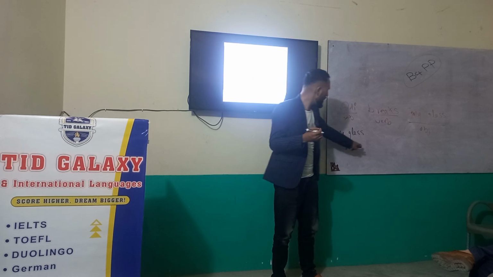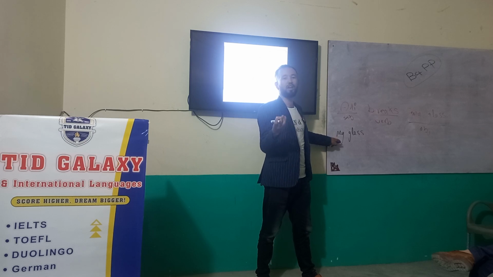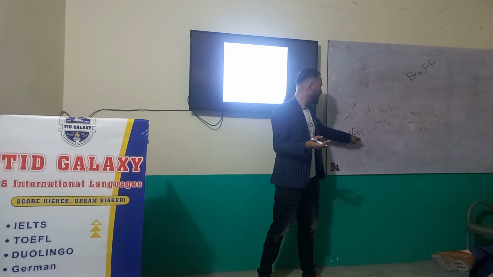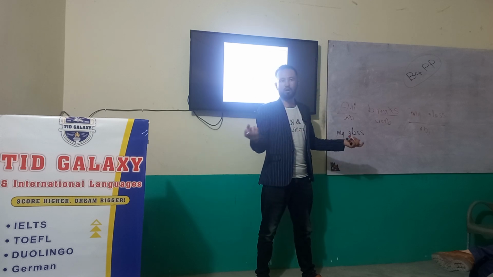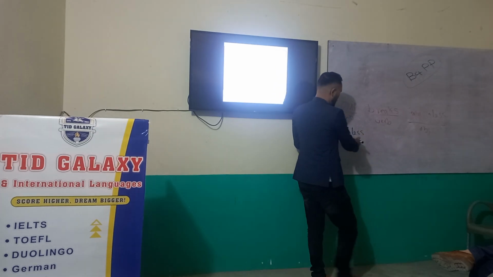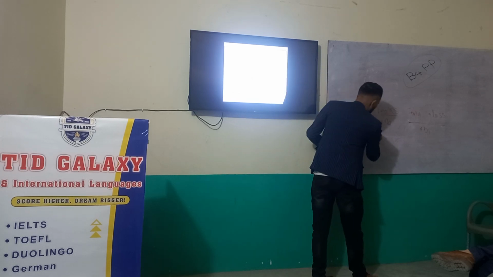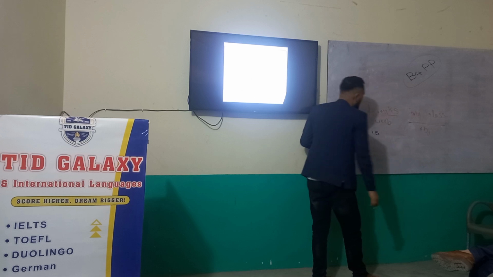If your object is singular, you should use is, and if your object is plural, you should use are. Got it? Now, for my glass, should I use is or are? Excellent. Now use the to be verb is.